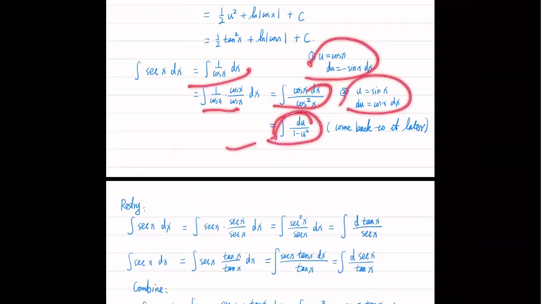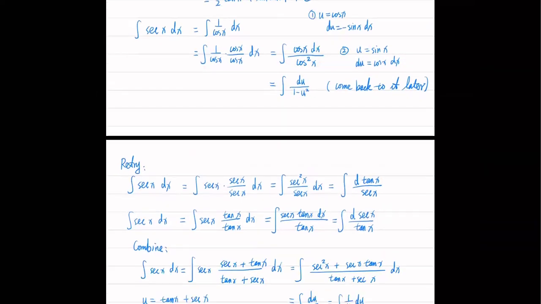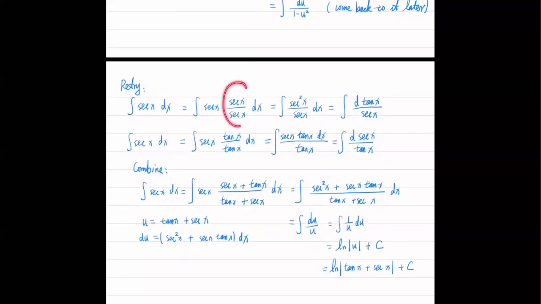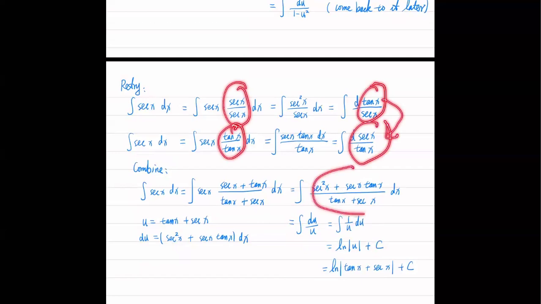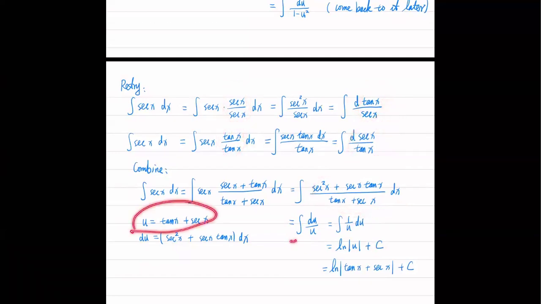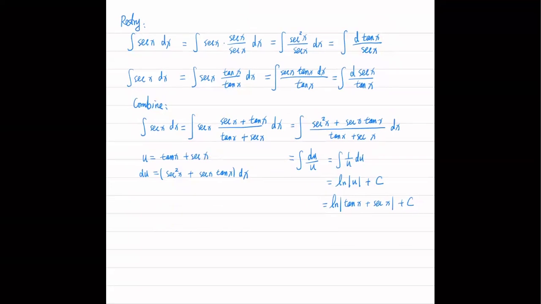Then we try this, get a mismatch, try this, another mismatch, but the two mismatches give us a match. Then we use a substitution, we get the integral, switch back to x. Okay, so the formula, secant x dx.